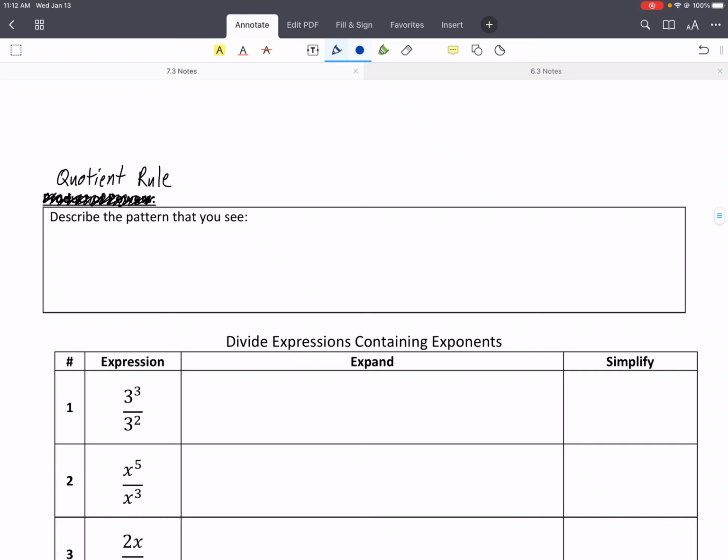And the quotient rule tells us when dividing expressions with the same base, we subtract the exponents.